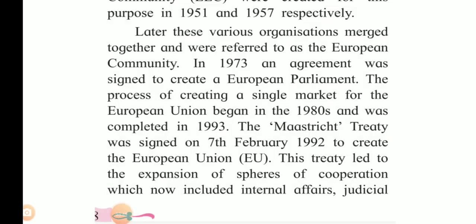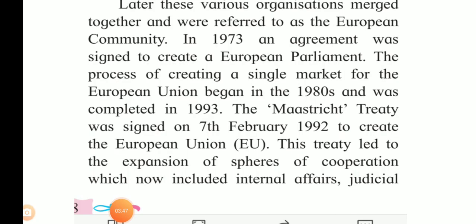Write down the answer. The Maastricht Treaty was signed on 7th February 1992 to create the European Union, in the bracket EU, capital EU, complete the bracket.